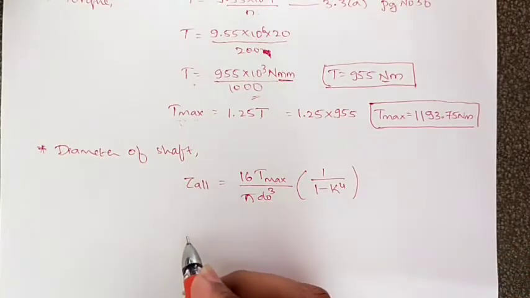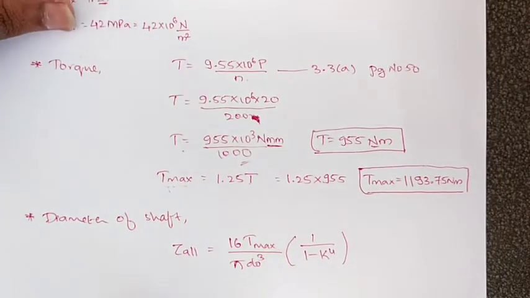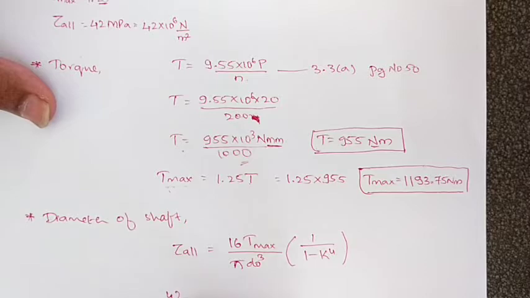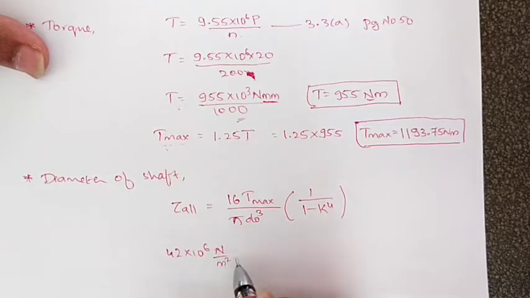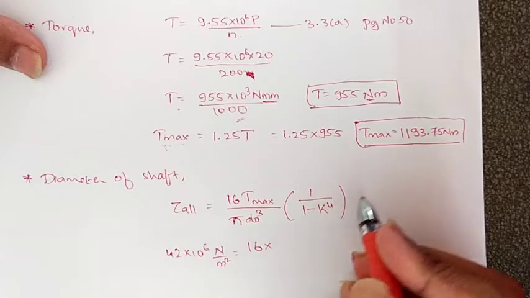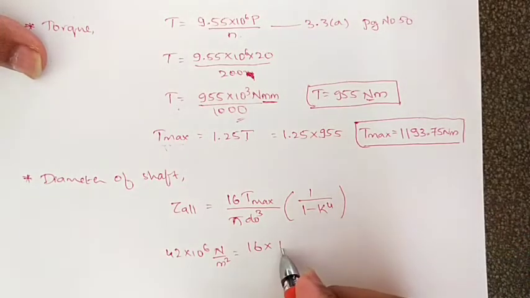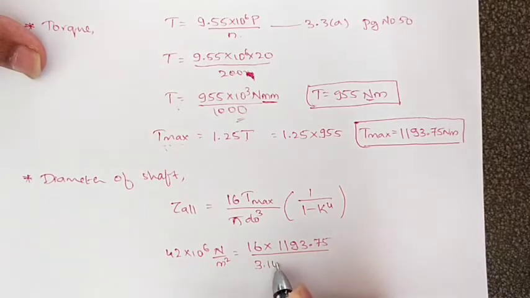Now tau allowable is given how much? Shear stress allowable is given as 42. So just substitute 42 into 10 raised to 6 Newton per meter square is equal to 16 into T max. T max is how much? So T max is 1193.75 divided by pi value, which is 3.142, into d naught cube.